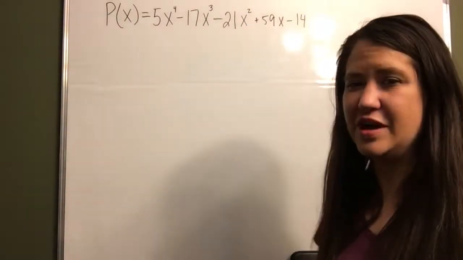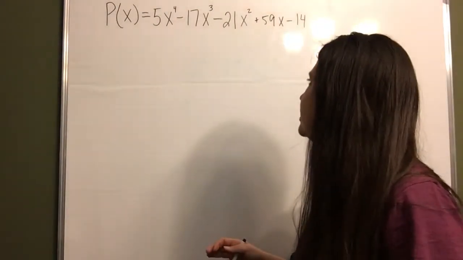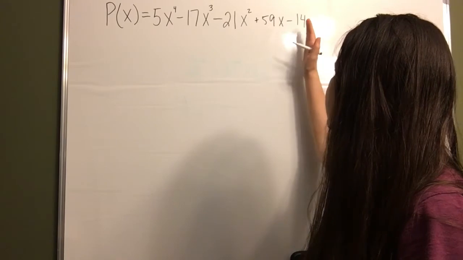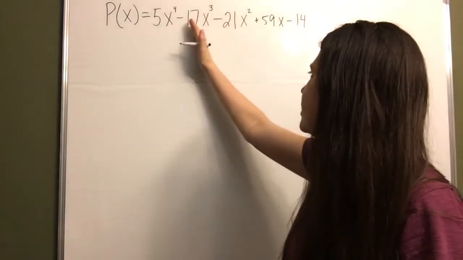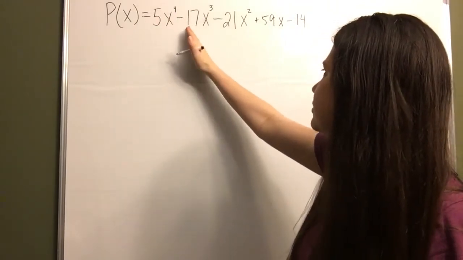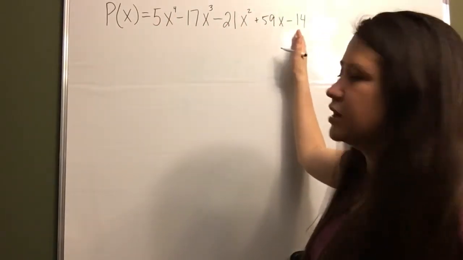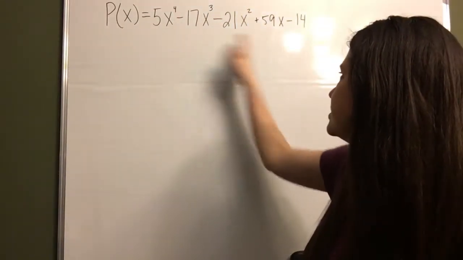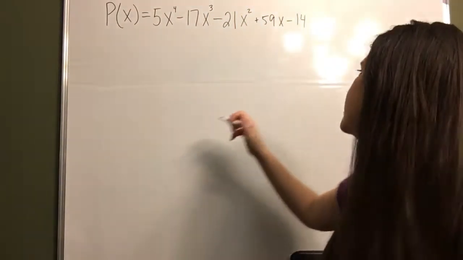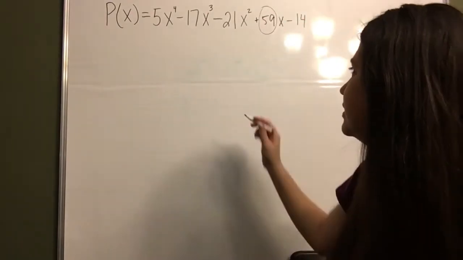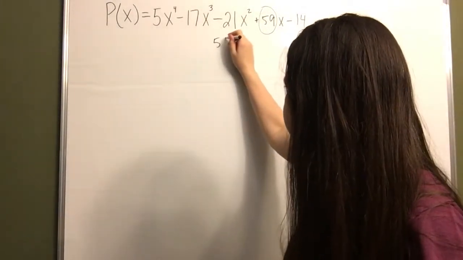And the way that we find this is we look for the largest coefficient, ignoring the leading coefficient, okay? So look for the largest value. Don't pay attention to the signs for this, okay? What's just the biggest number that you see? So in our case, the biggest number that we see is 59. Okay, so we take 59.